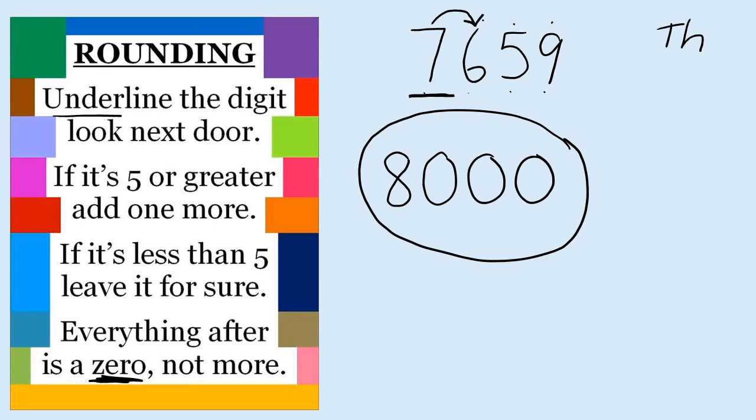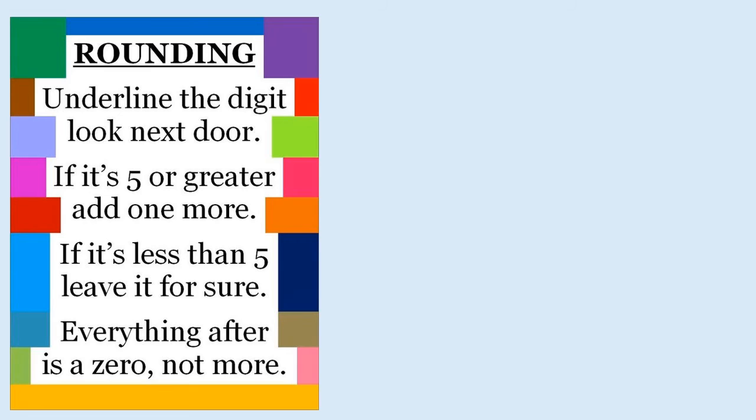Now the next few, I'd like you to pause the video, try them on your own, and then check back to mark them against my work. So try round 56 to the nearest 10.